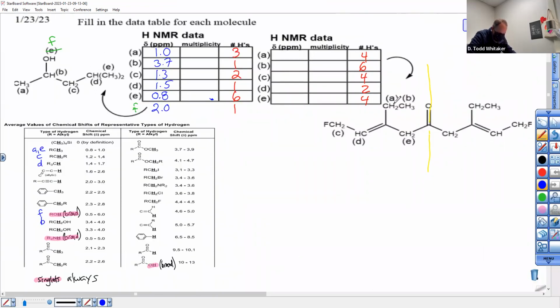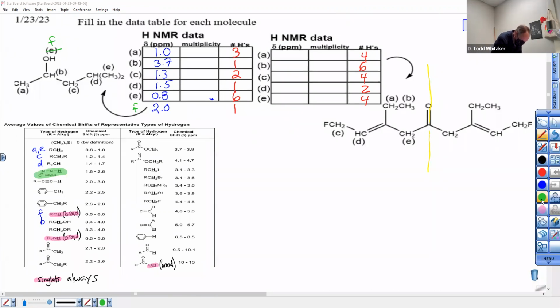I want to point out this category over here is called, well, it's already got it written. I'll highlight it in green. It's allylic, and I'm just going to use a different color over here.